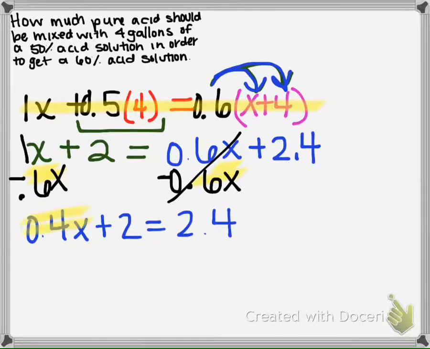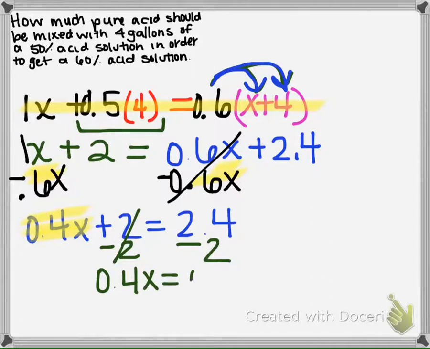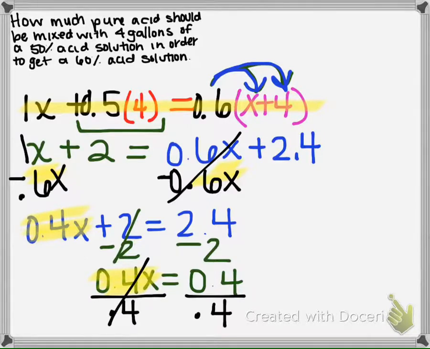And then to get the x by itself, we need to subtract 2. And to get the x all by itself, the last step is divide. So we have 0.4 divided by 0.4, that is 1.